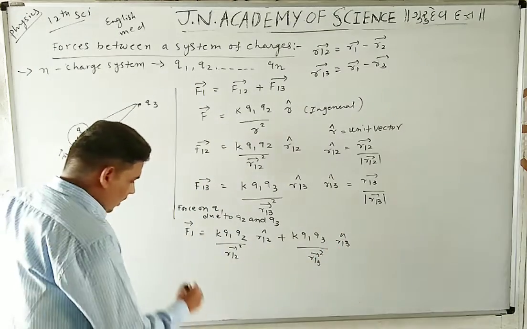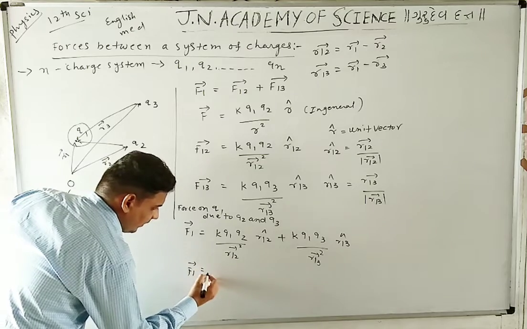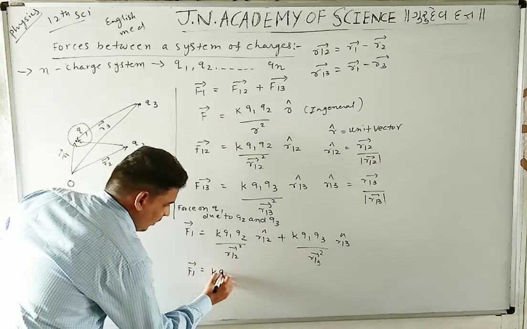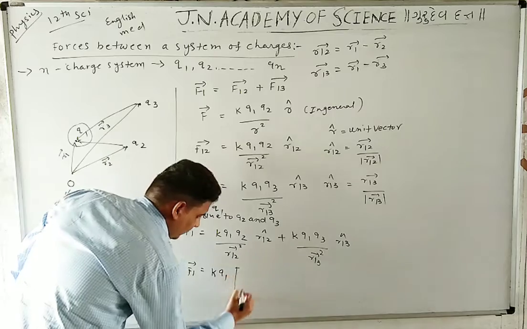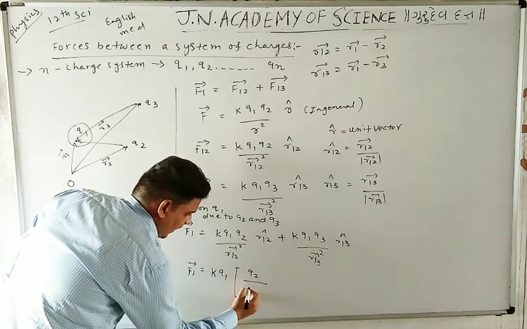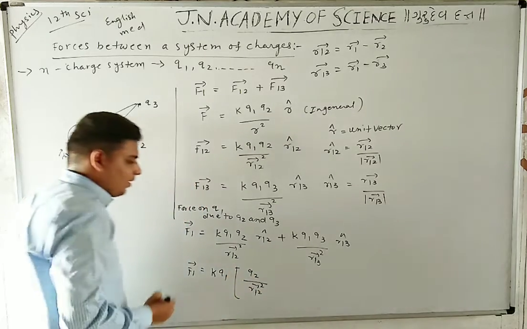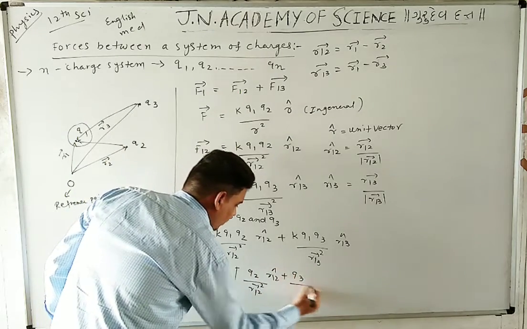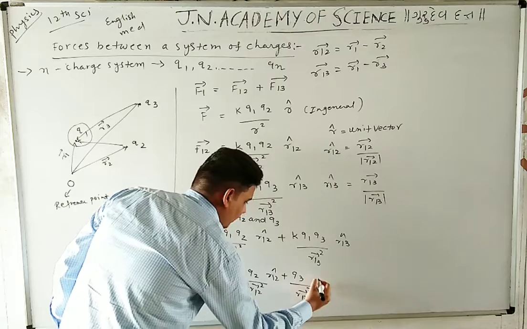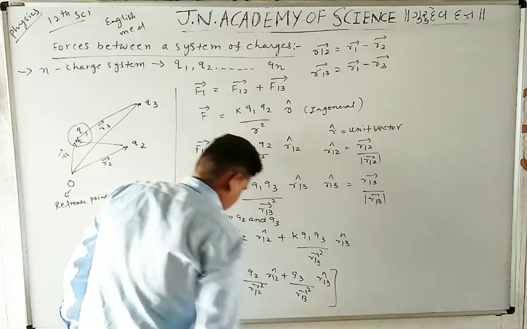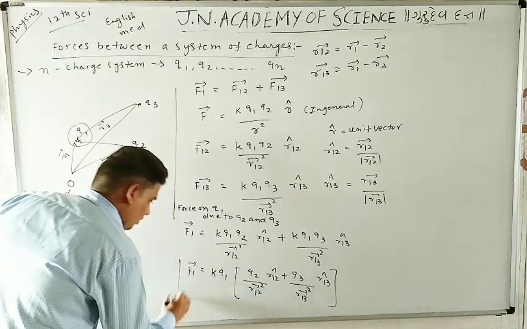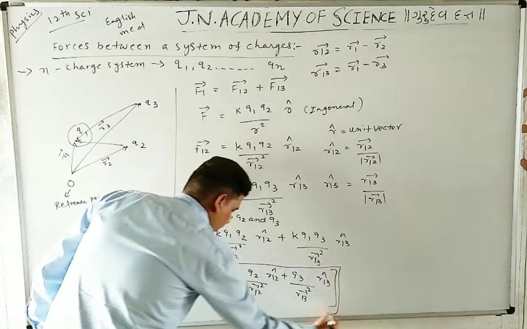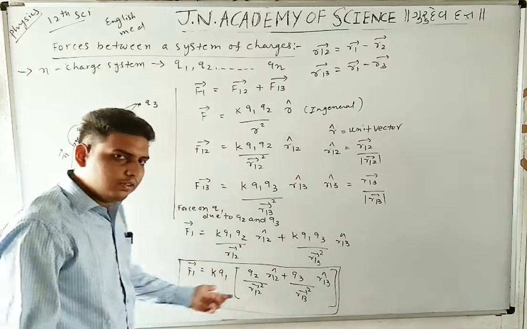Okay, so what is common? F1 equals K, Q1 will be common. So what is remaining in the bracket? Q2 upon R12 square R12 cap plus Q3 upon R13 square R13 cap. So this is about the force on Q1 due to Q2 and Q3.